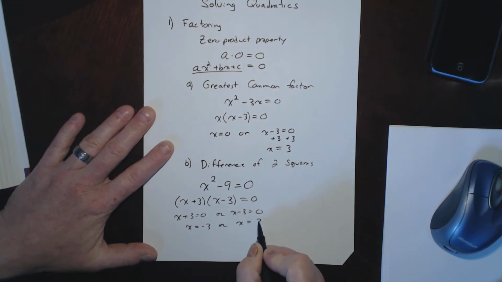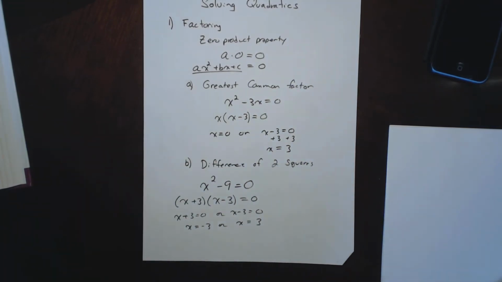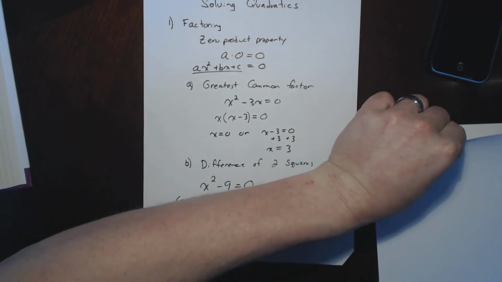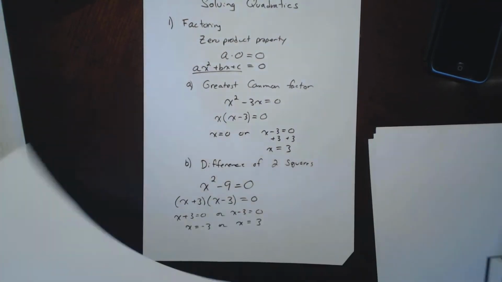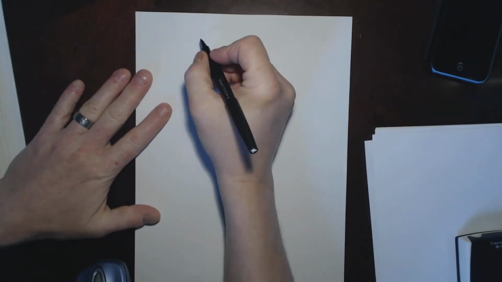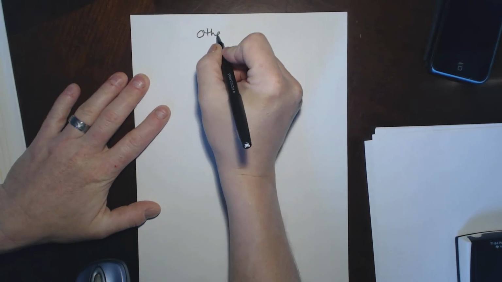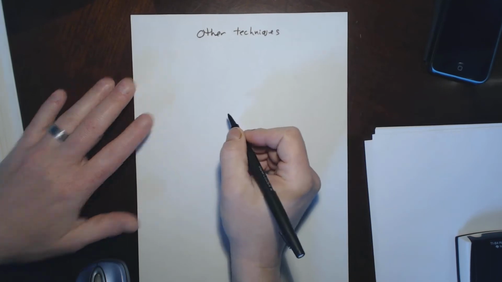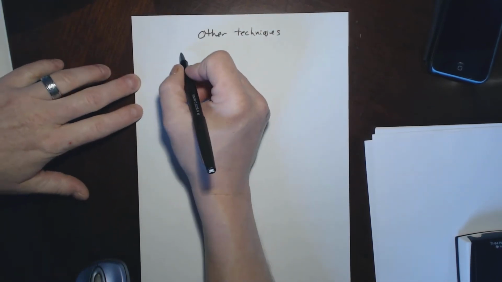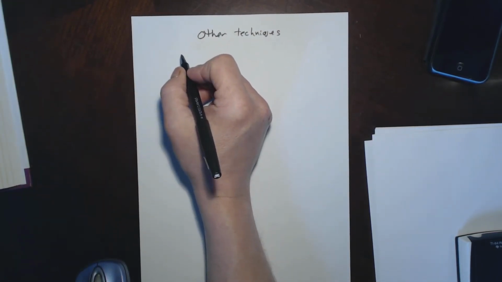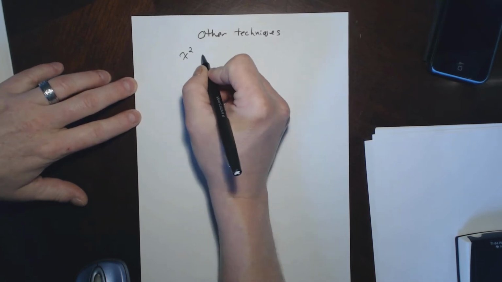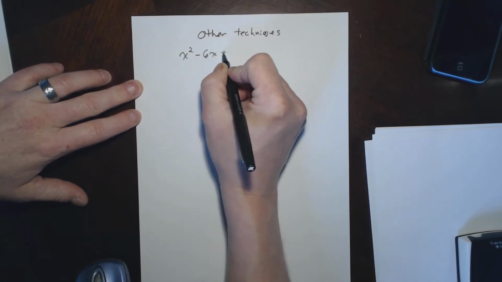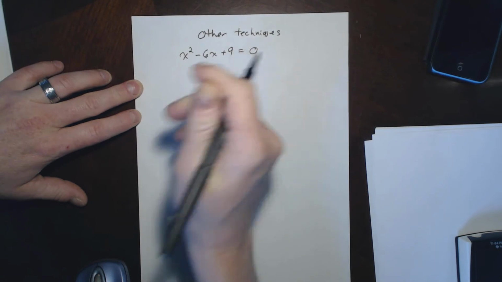Now, if these do not satisfy the conditions of the problem that you're working on, then you want to use some other techniques as well. Let's say that we have the equation where we have x squared minus 6x plus 9 is equal to 0.